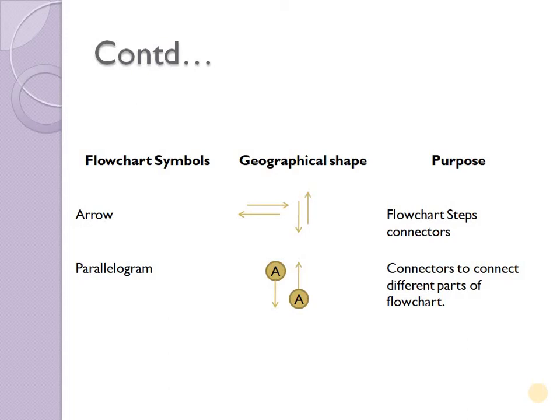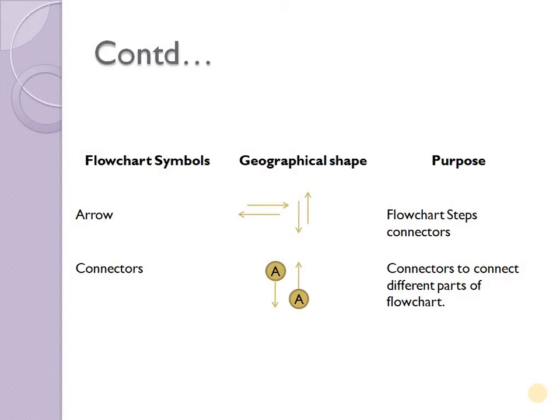This is not the parallelogram. These are flowchart connectors, and they are used to connect the different parts of the flowchart. Suppose you are drawing your flowchart and it is running out of your paper. To connect the chart from the first paper to the second paper, this type of connector is used.